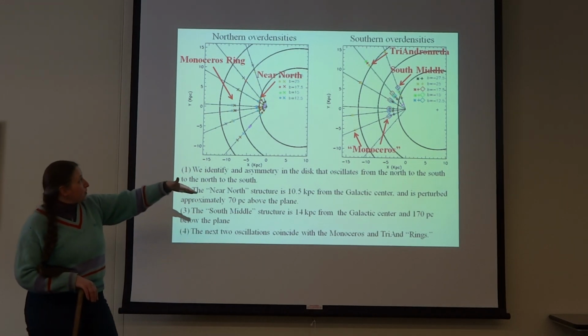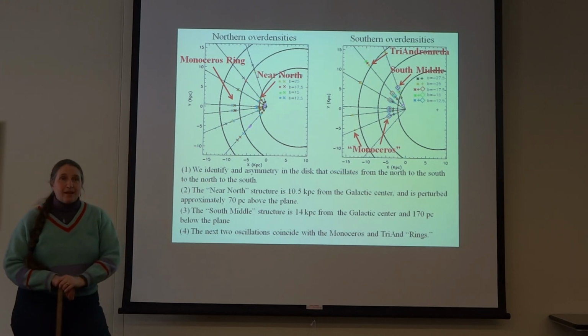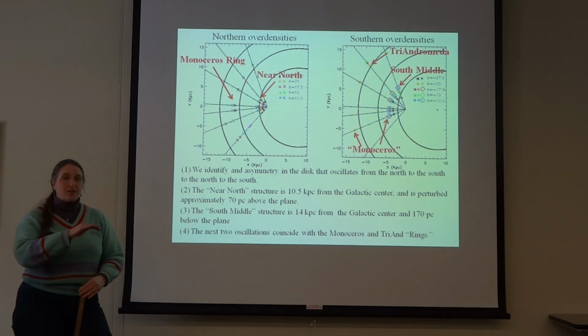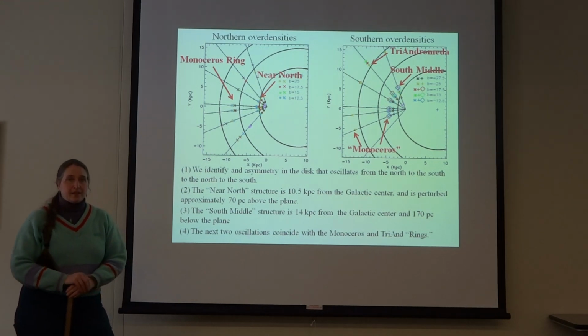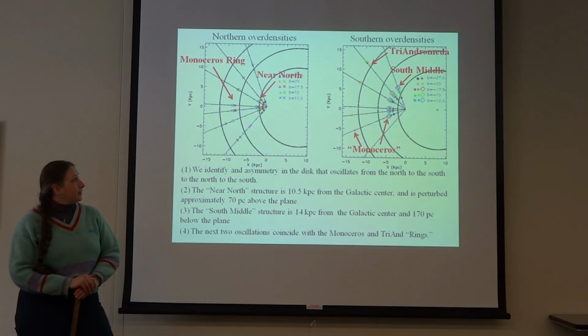The spiral arms are in similar places, and they open out about the same way as these do. So we wonder if there's a connection between whatever causes these waves in the disk and what causes the spiral structure. But that's still to be determined.